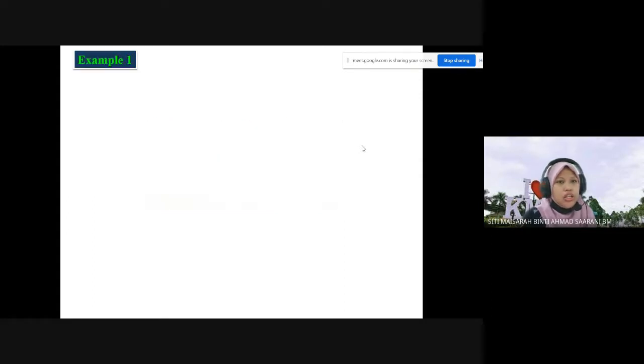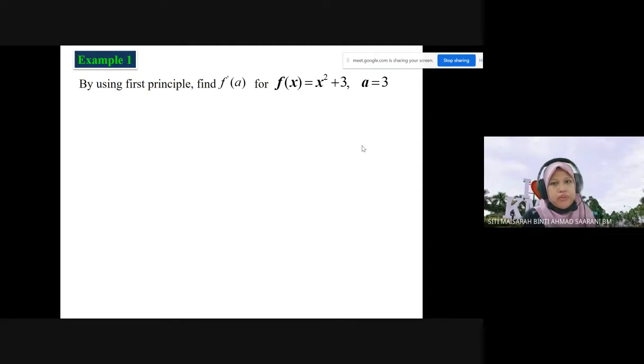Contohnya, by using first principle and find f prime A for fx equals to x square plus 3, A equals to 3. Okay, apa beza soalan ni dengan soalan example satu pada muka surat 100 tu? Okay, kalau tengok example satu pada muka surat 100 tu, kalau tengok kat situ dia tak ada mention point dia apa.